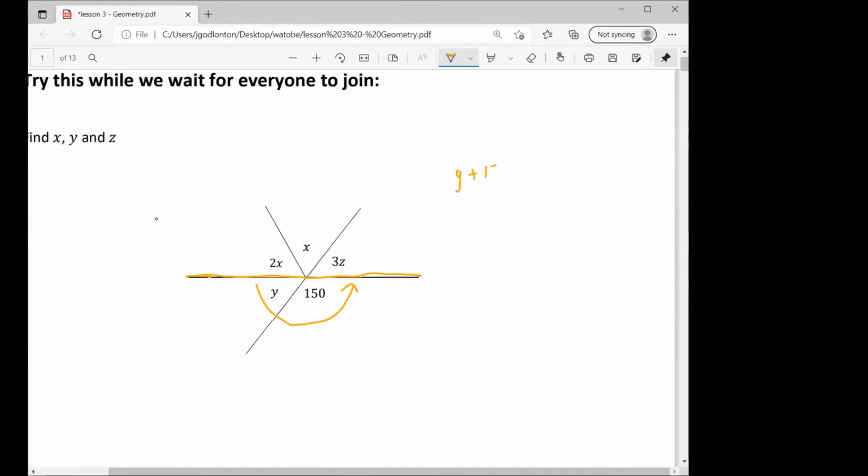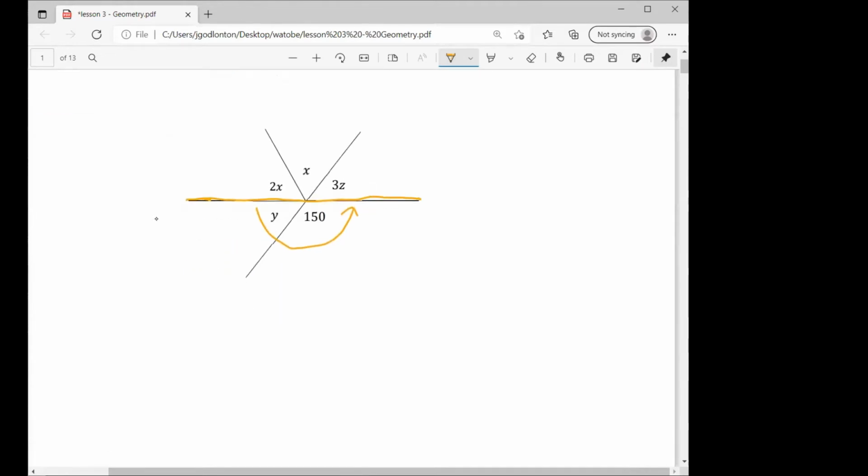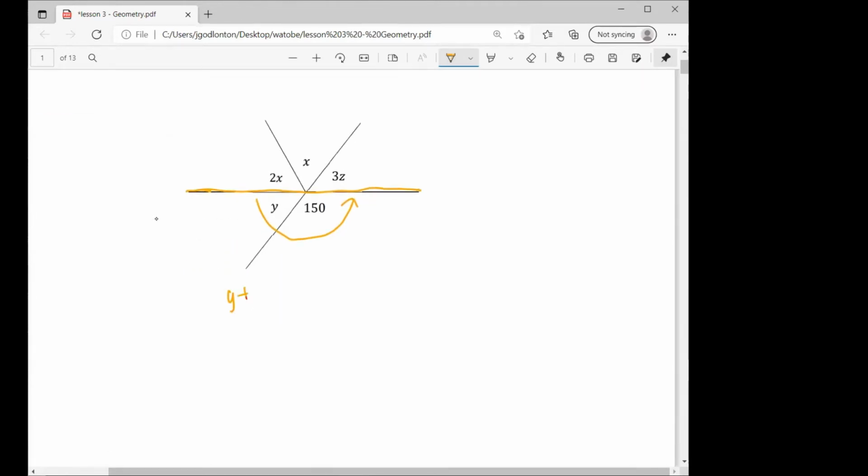So y plus 150 is going to equal 180 because of angles on a straight line. I'm not leaving myself much space, am I? Let me come down here. There we go. So therefore, we move that 150 over, and y is going to be 30 degrees.